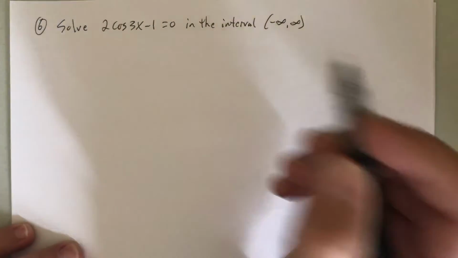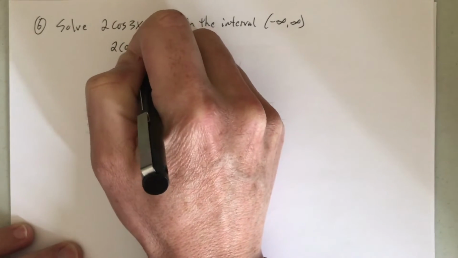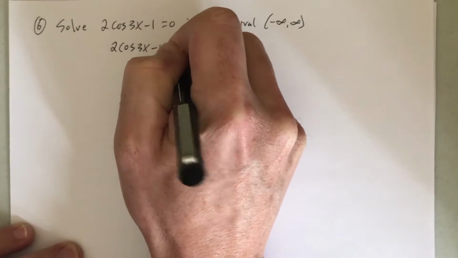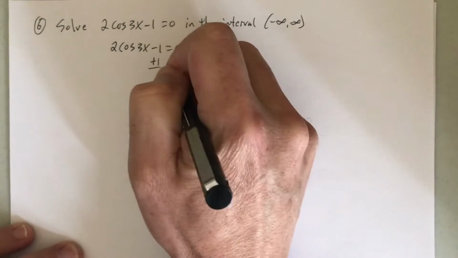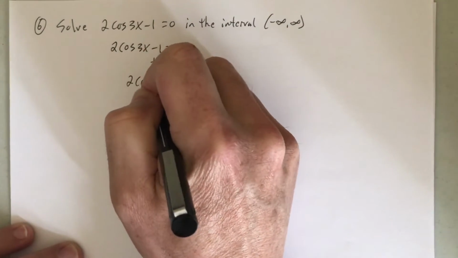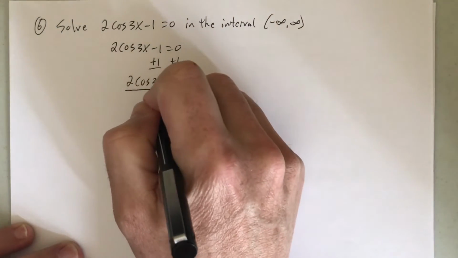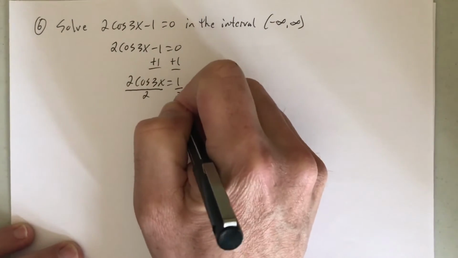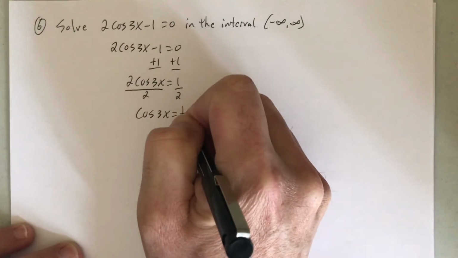We're going to get the cosine of 3x by itself. So we add 1 to both sides, which gives us 2 cosine 3x is equal to 1. Then we divide both sides by 2, and we get cosine 3x is equal to 1/2.